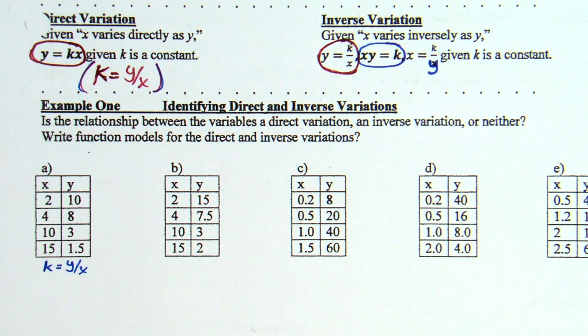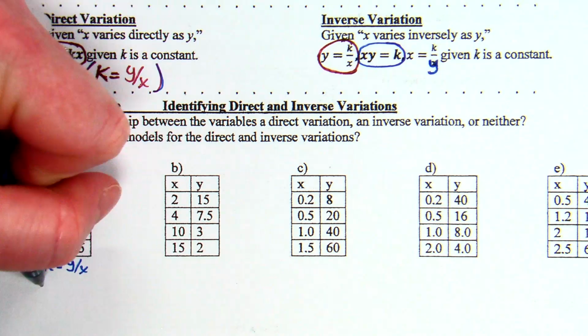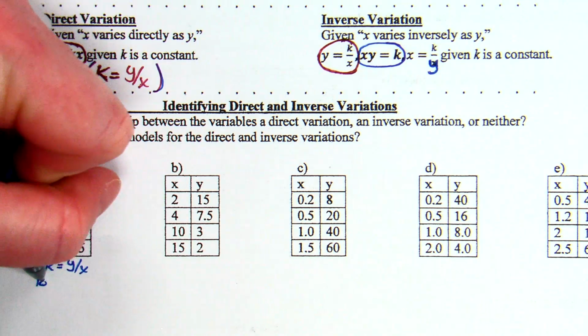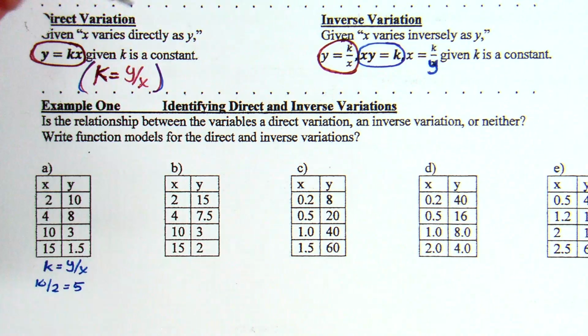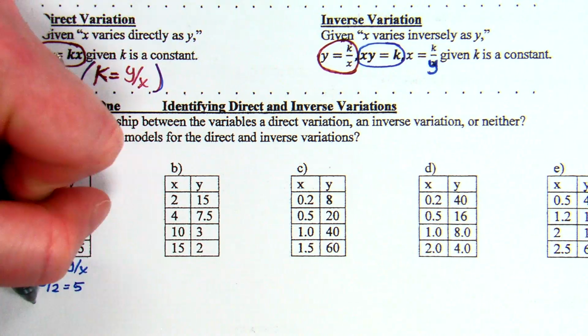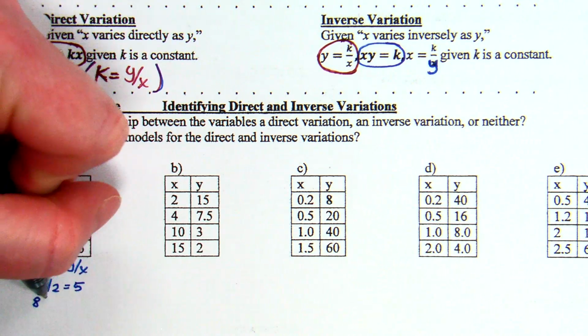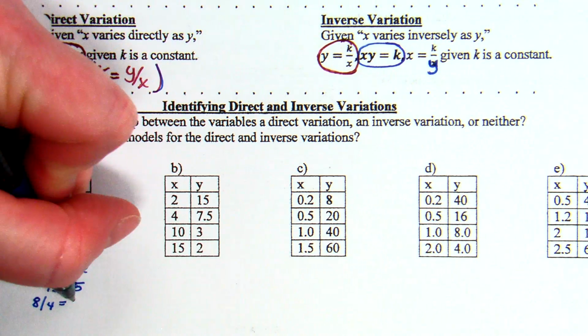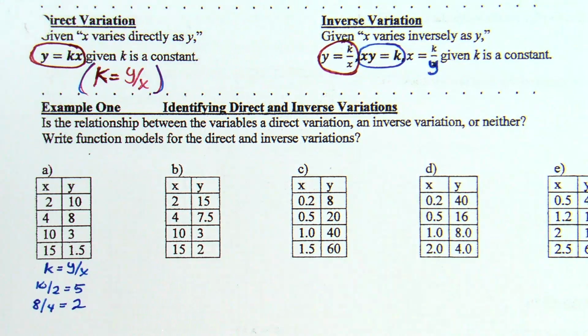What happens on the first set? 10 divided by 2 is 5. What happens on the next set? 8 divided by 4 is 2. Any thoughts at this point? It can't be direct variation. Okay, it can't be direct variation because that k is a constant.